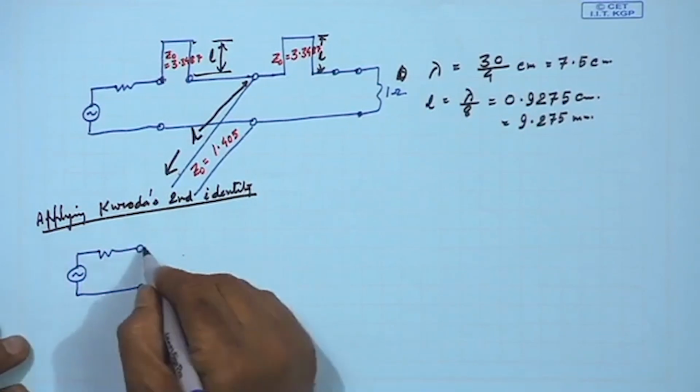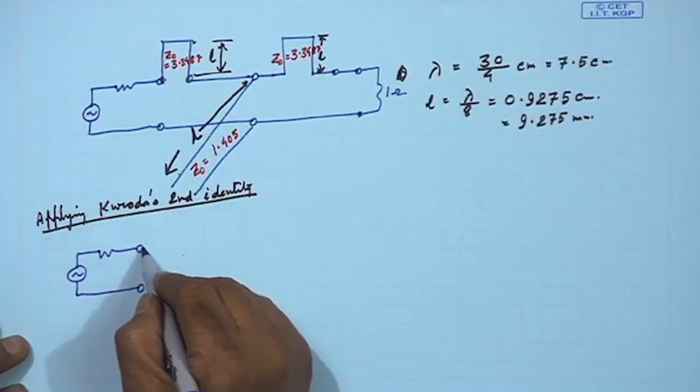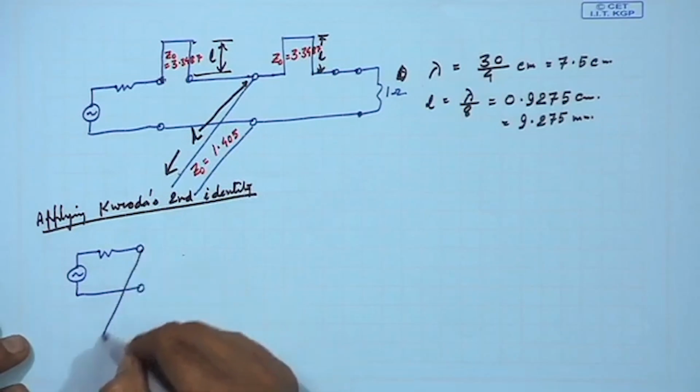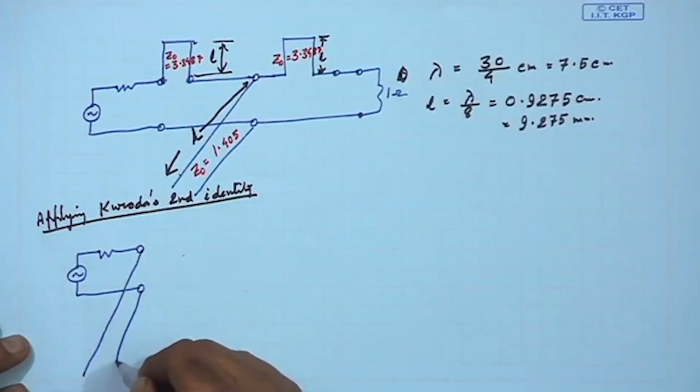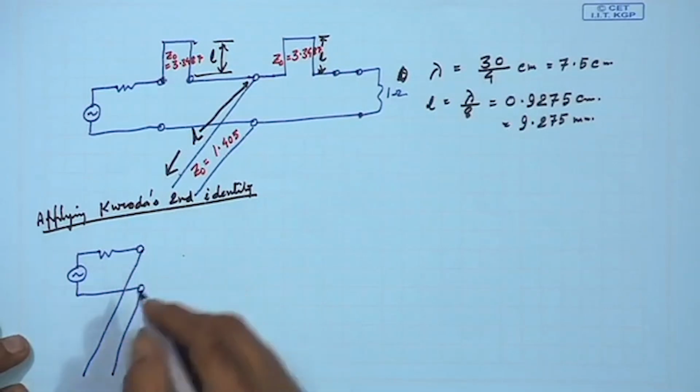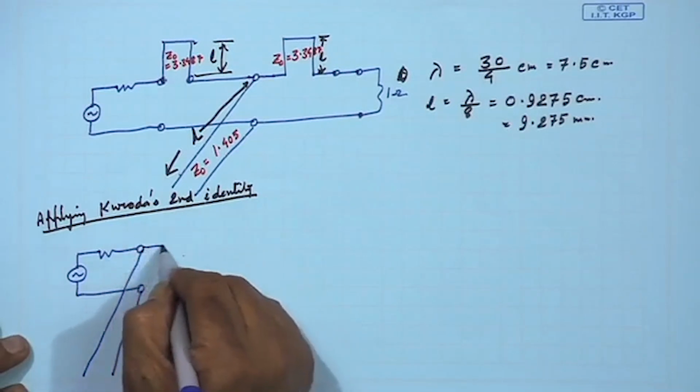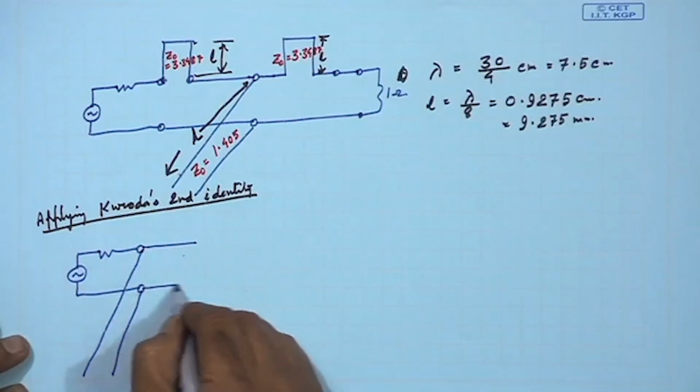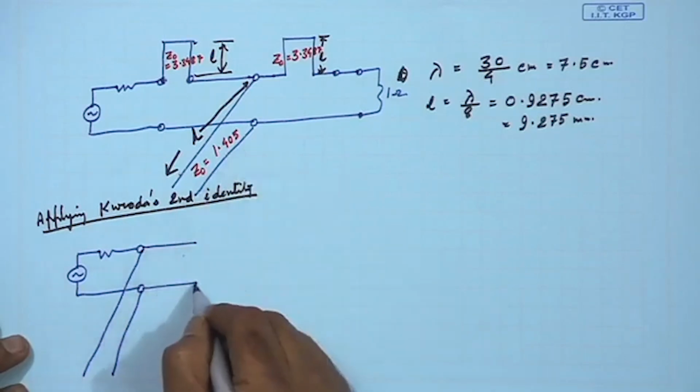So, instead of this I will make a shunt stub, then again already there was this one.